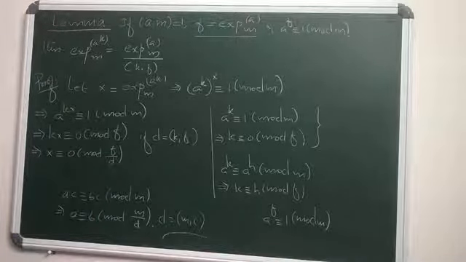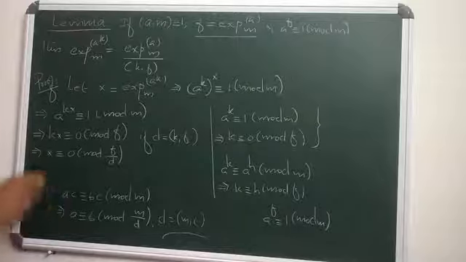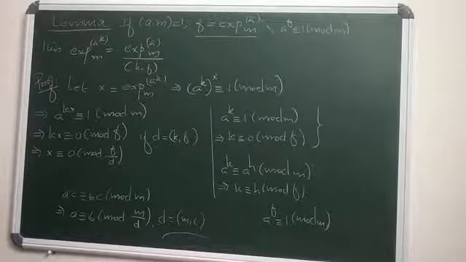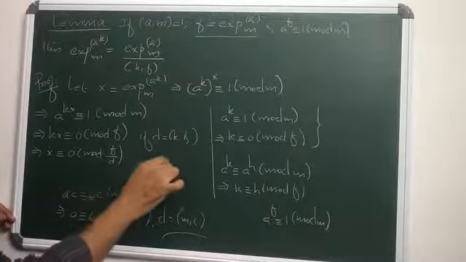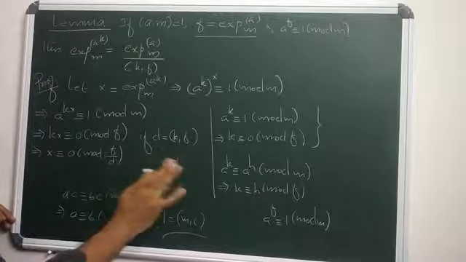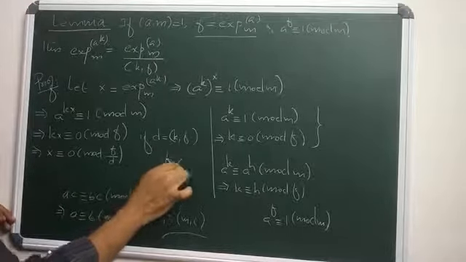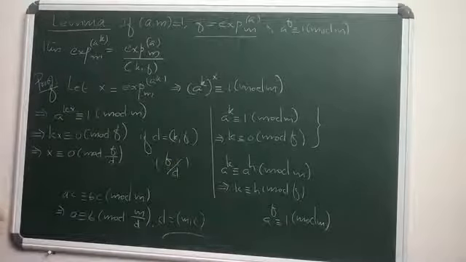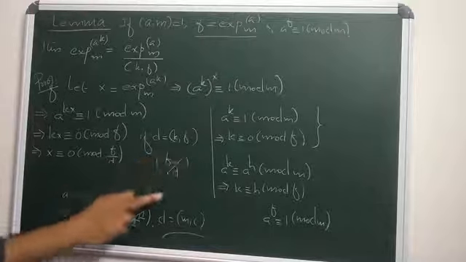Okay, why? Because of the cancellation. That means the smallest positive solution of the congruence x congruent to 0 mod f by d is nothing but f by d.